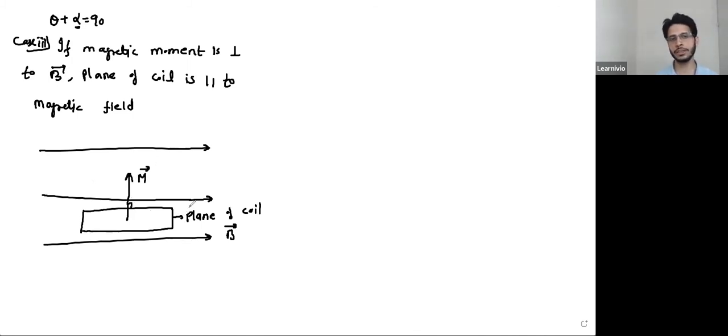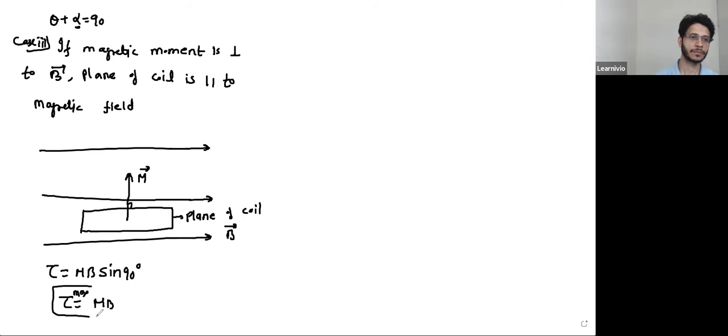Plane of coil is parallel to magnetic field, but magnetic moment is perpendicular. The torque in this case is mB sine 90. Sine 90 is 1, so the torque is mB. This is the case of maximum torque. In this case, your torque is maximum, equal to mB.